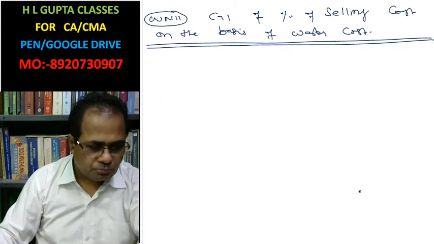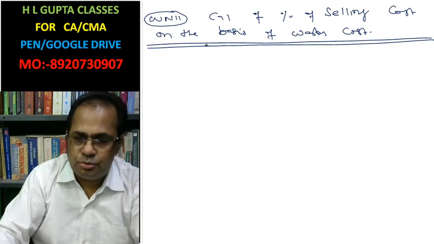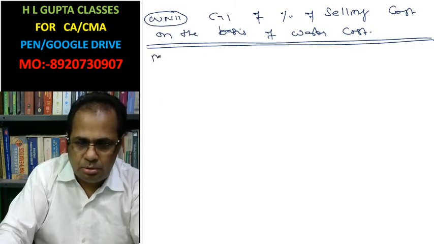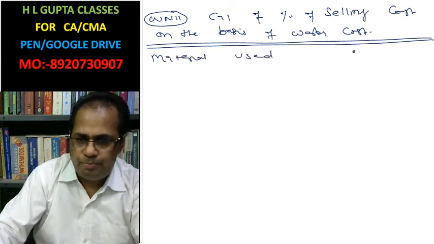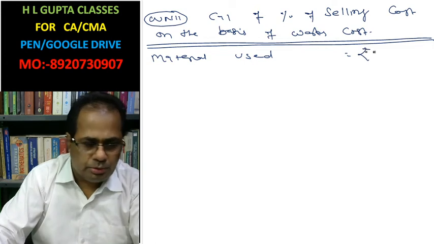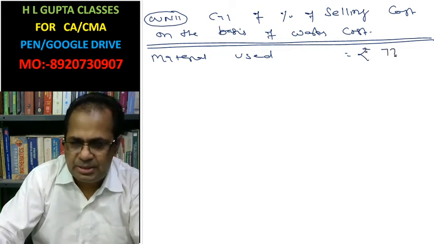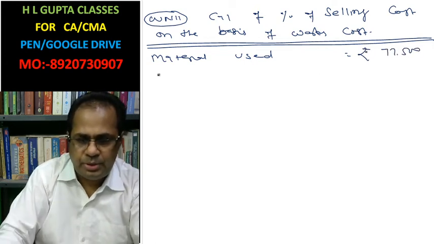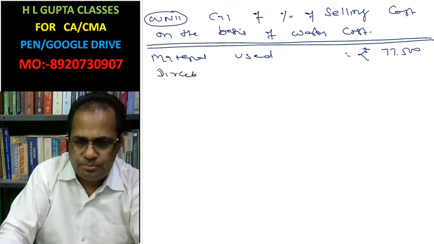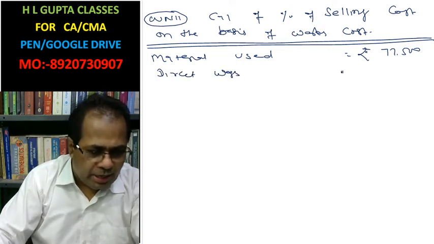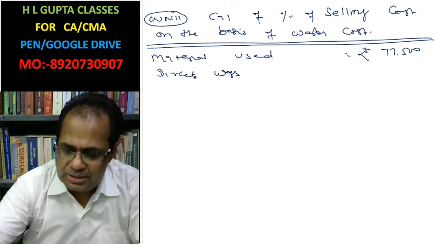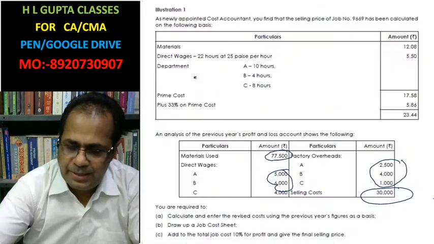Okay. Material used, rupees 77,500. Direct wages, look at here, what is the direct wages here?